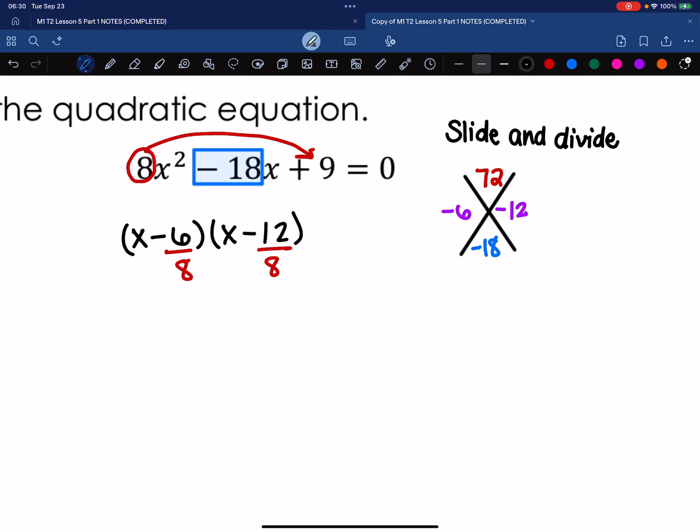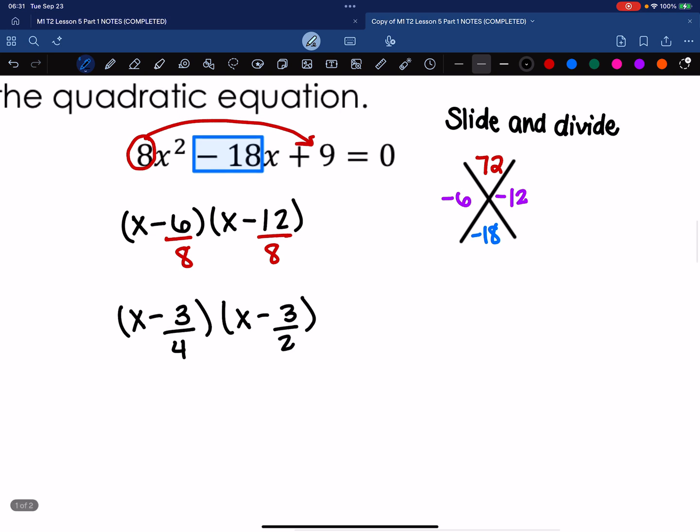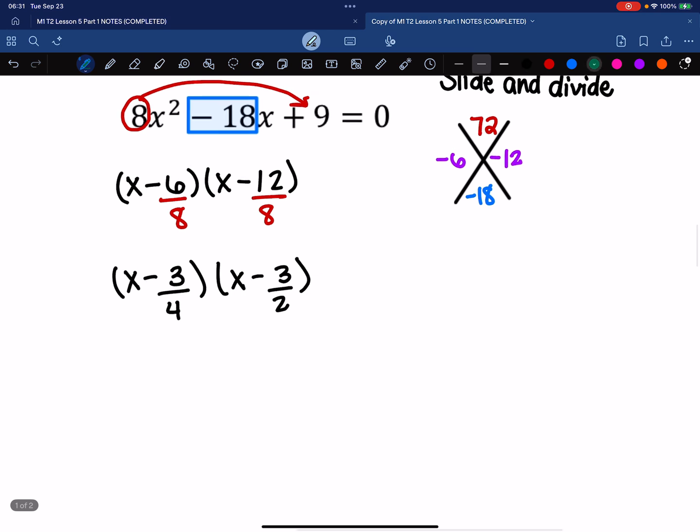So when we do that, these fractions simplify: 6 over 8 simplifies to 3 over 4, and 12 over 8 simplifies to 3 over 2. And so, again, still not equivalent, but remember when you have something left in the denominator, it goes in front of the x that it's with.